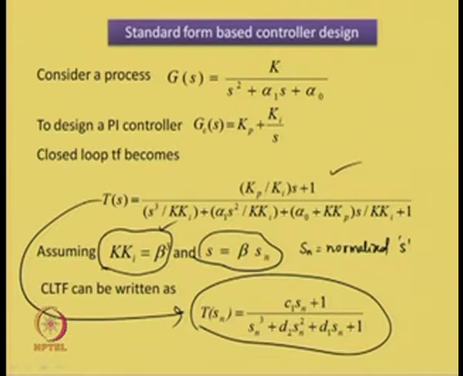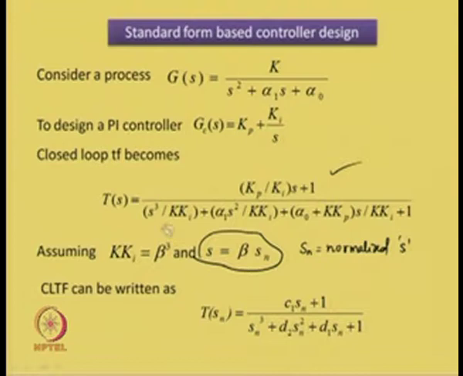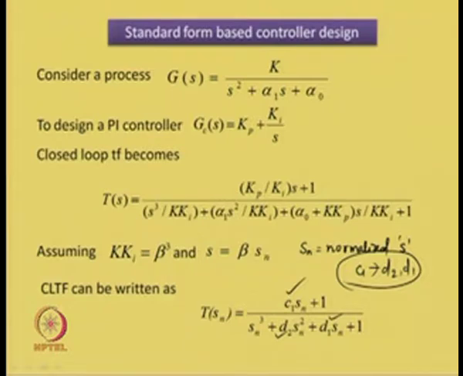This standard third order transfer function has 3 coefficients, namely C1, D2 and D1, and we know that for any given C1 it is not difficult to find D2 and D1 by optimization of some standard criterion, often known as the integral square time error criterion.